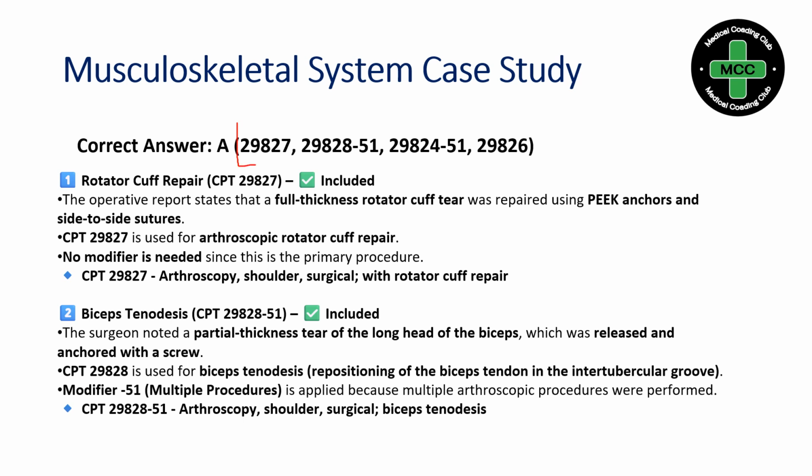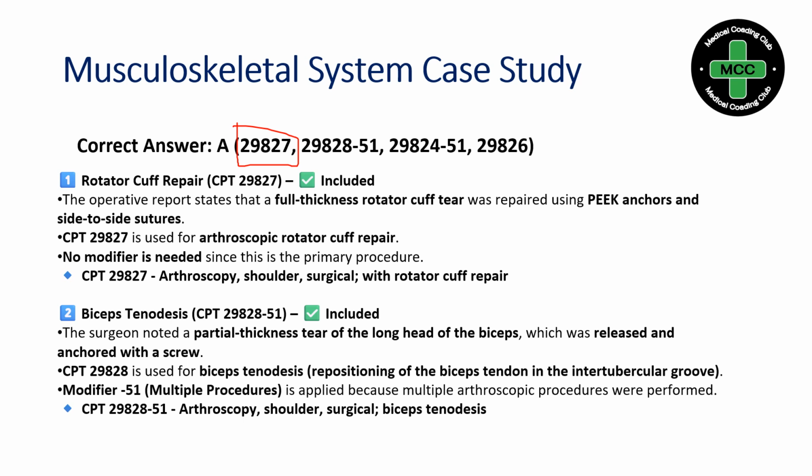So 29827 is the primary code, then 29828 with modifier 51, 29824 with modifier 51, and lastly 29826. You can see the breakdown here.